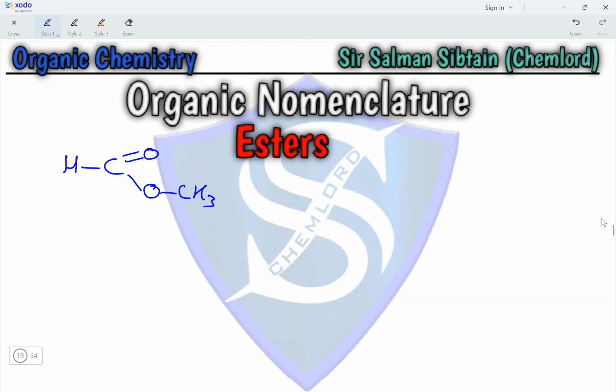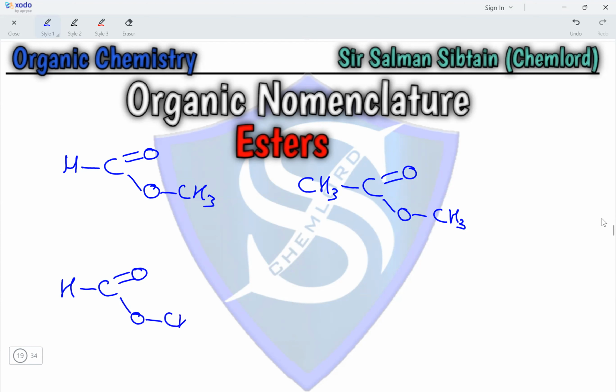The next one would be CH3, C double bond O, with two carbon atoms for the carboxylic part and one carbon atom for the alcohol part. The third one, we can use a single carbon atom for the carboxylic part and two carbon atoms for the alcohol part. And we can also have both carboxylic acid and alcohols having two carbon atoms each.